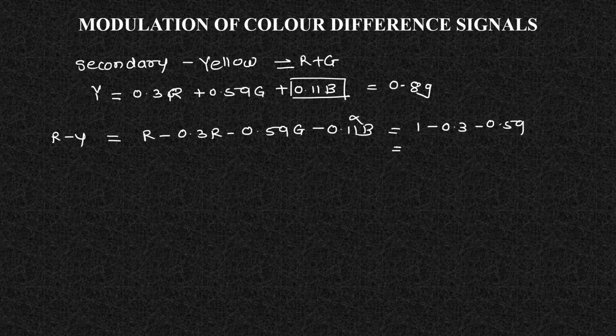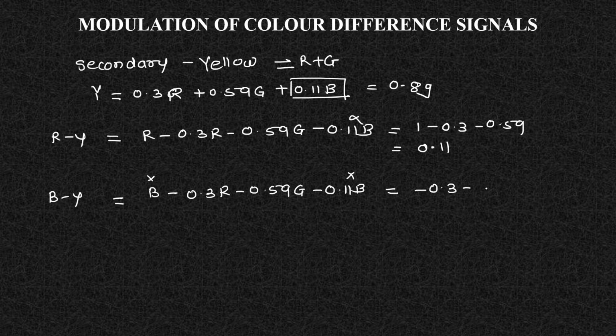Okay, so this component comes plus 0.11. Okay. What about the B minus Y component here? If I'm going to talk about B minus Y, it's B minus 0.3 R minus 0.59 G minus 0.11 B. B and B you have to neglect because it is not there. So minus 0.3 minus 0.59, it comes minus 0.89.